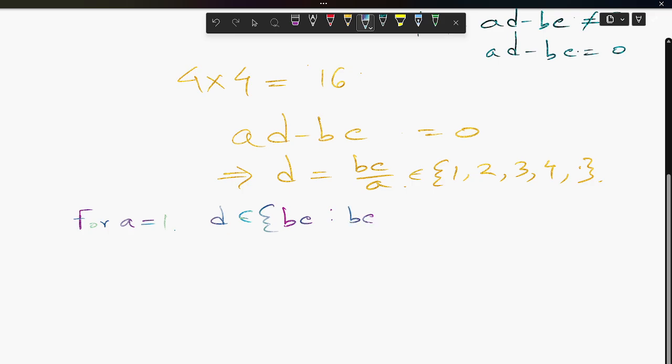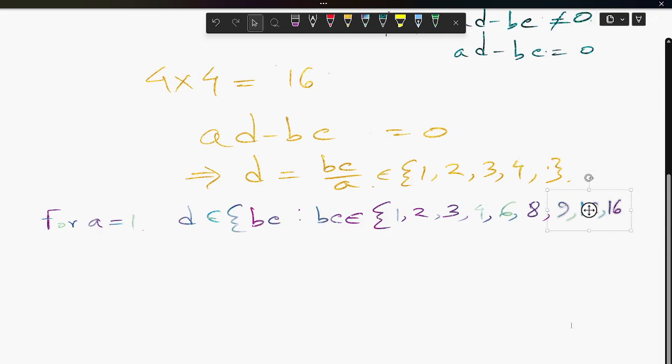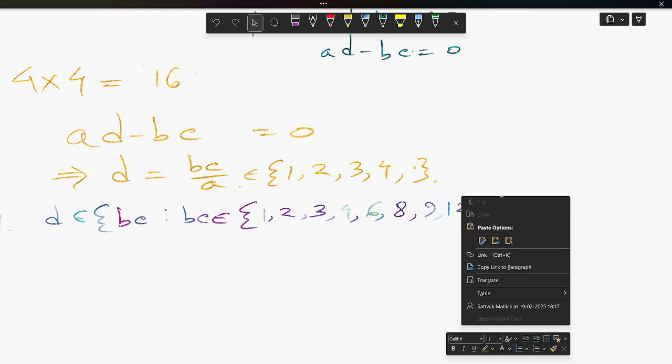So our BC belongs to 1, 2, 3, 4, 6, 8, 9, 12, 16. So now after doing this, we will get what?